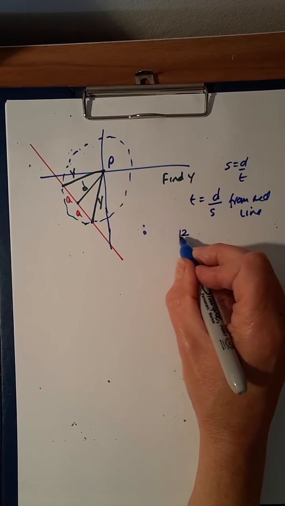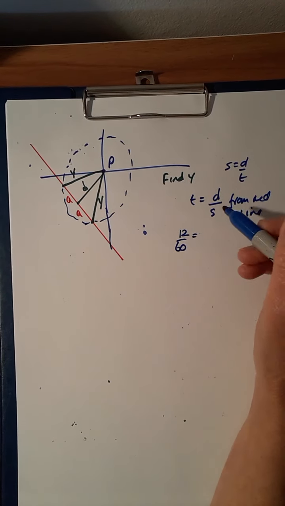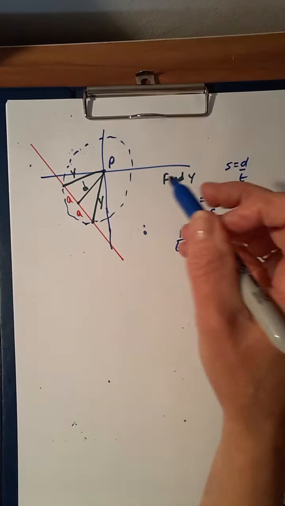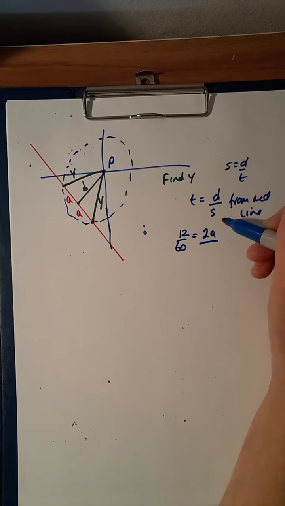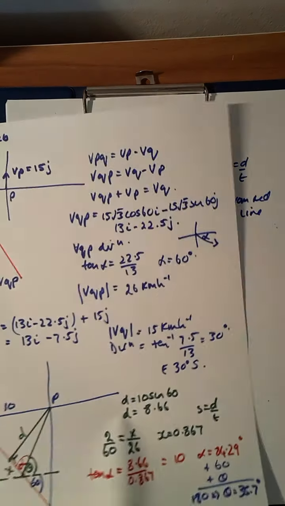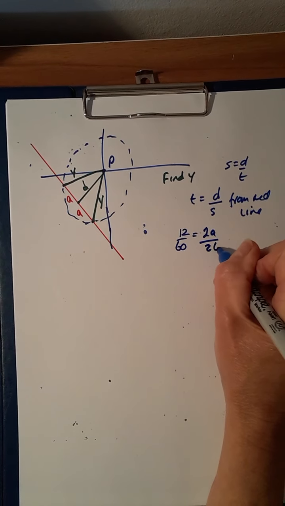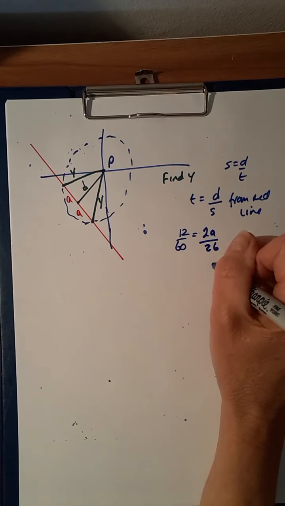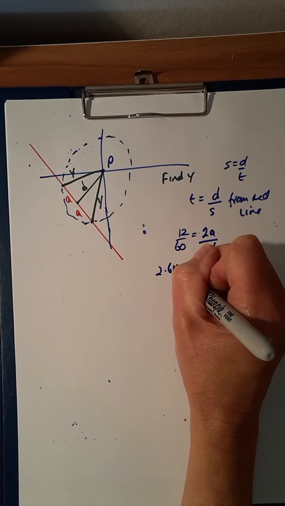I'm going to turn that into hours, 12 over 60. Now that's equal to 2A, the distance I'm looking for, over the speed of that red line, which I found already to be 26. So I'm going to divide that by 26. And when I work that out, I get A to be 2.6 kilometres.